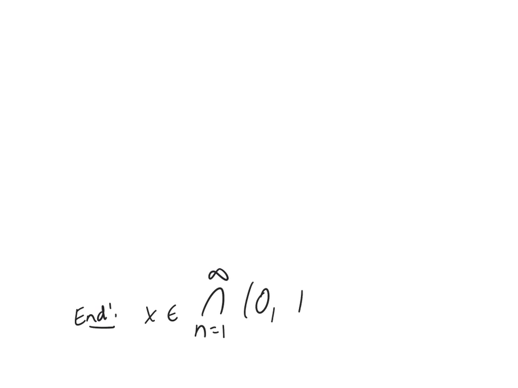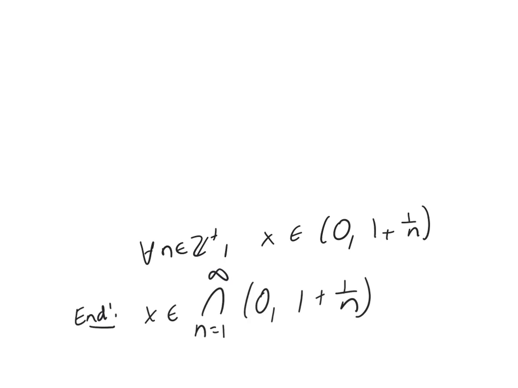What does it mean to be in this intersection? It means that it needs to be in every single set. So we'll use the universal quantifier: for all n in Z plus, the positive integers, x needs to be in the interval 0 to 1 plus 1 over n. And then what does it mean to be in this interval?